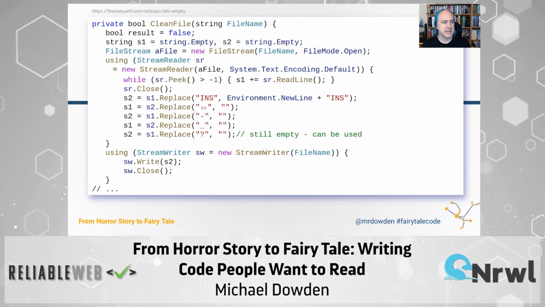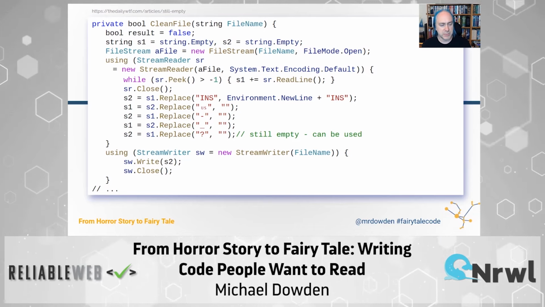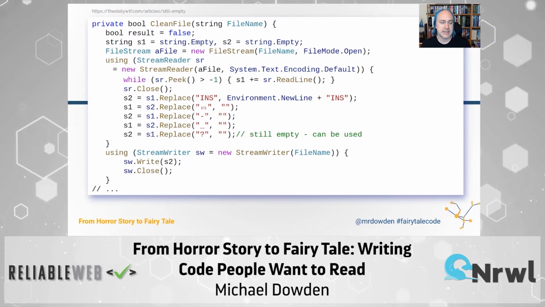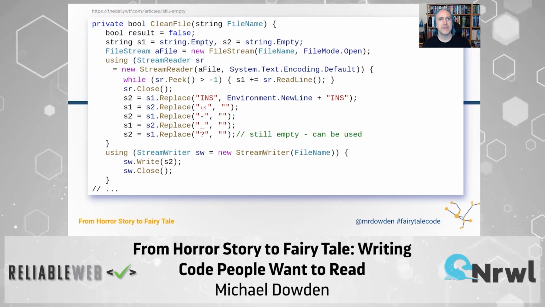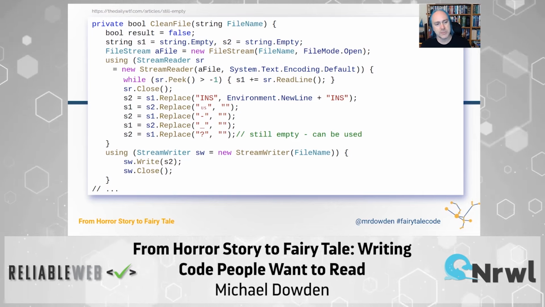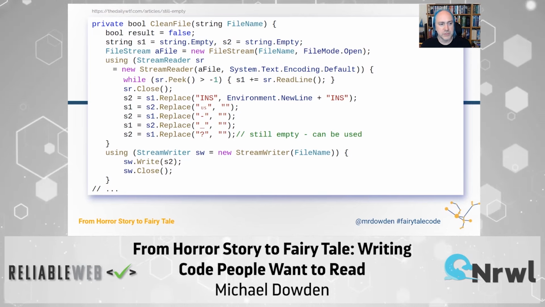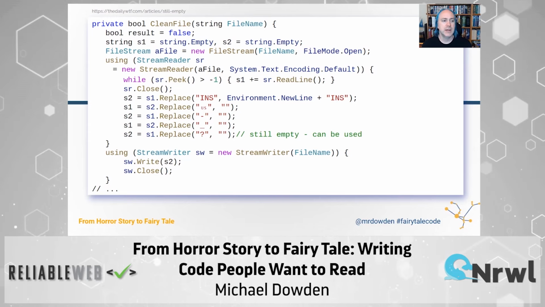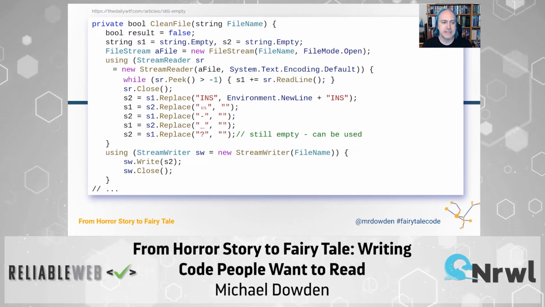And in fact, they could actually chain dot replace together syntactically. There's a lot of different ways we could write this, but the way this is written gives an indication that the person writing it didn't really understand what their options were. And so they have two variables that are meaningless. They're S1 and S2. That means nothing, right? And they only use them because they didn't know how to write this in a different way.